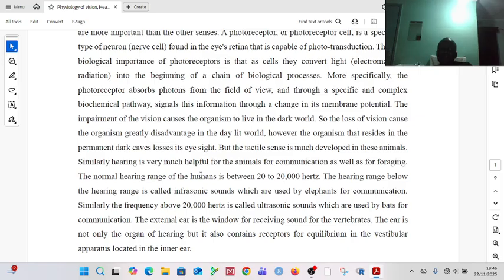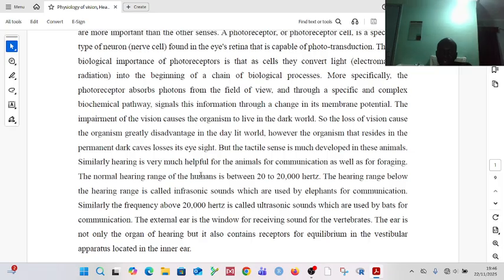We have some organisms which are found living in caves which are extremely dark. By virtue of such ecosystems, most of these animals will end up losing their eyesight because they dwell in a place where there is no light.